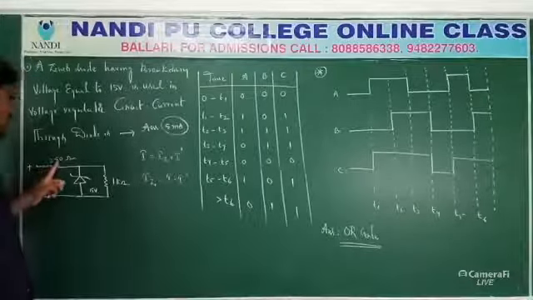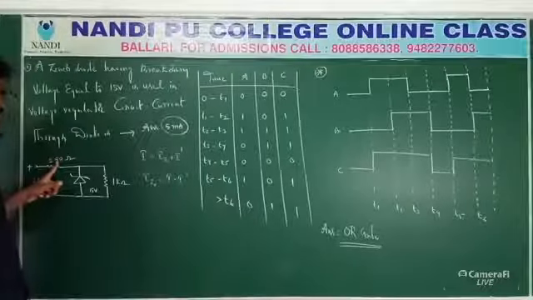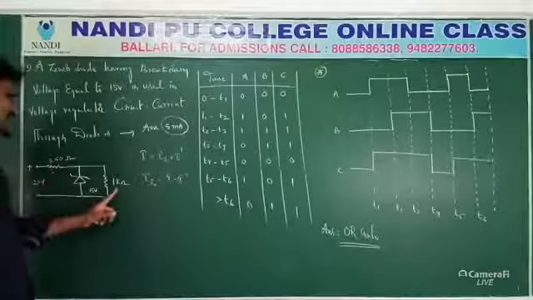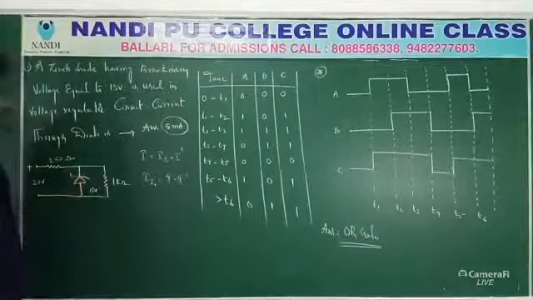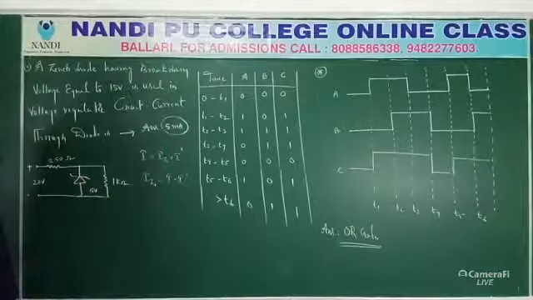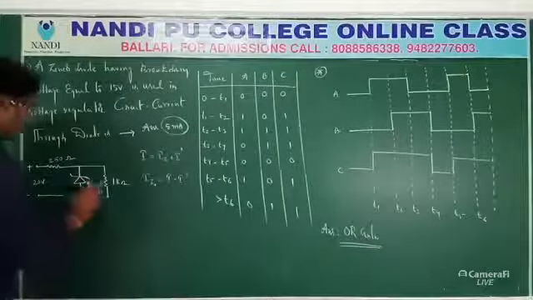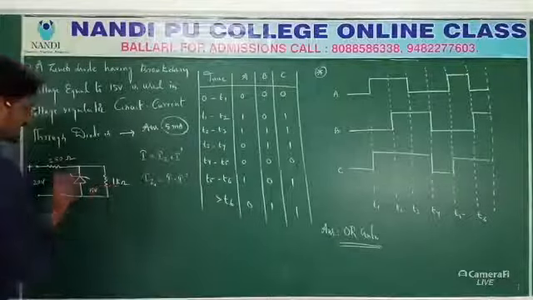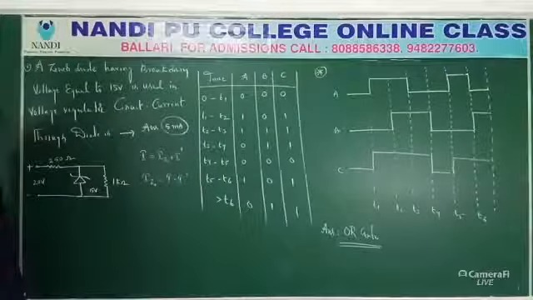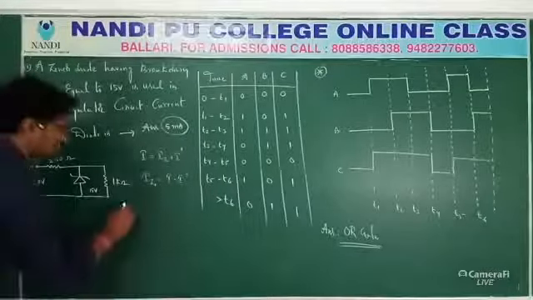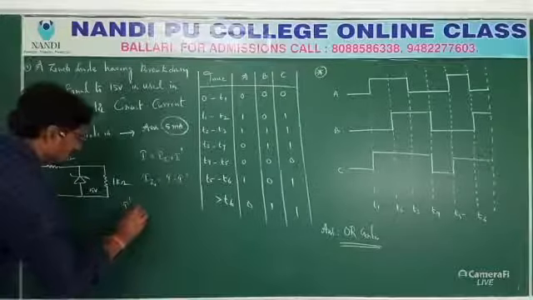There is a 250 ohm resistor connected externally, and a 1 kilo ohm resistor connected after this Zener. The current through the 1 kilo ohm resistor is I dash.